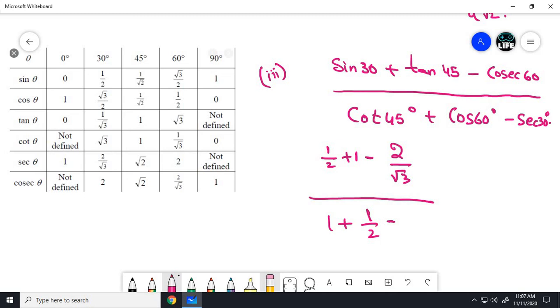So secant 30 is 2 by root 3. As you can see, the numerator and the denominator are the same. So the answer is 1.